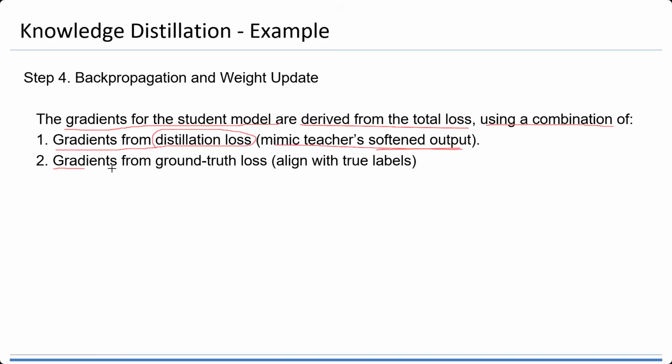And we also use the gradient from the ground truth loss, which is aligned with the true labels. So this is the loss from the distillation and this is the loss from the ground truth.